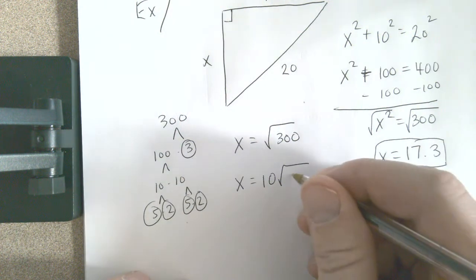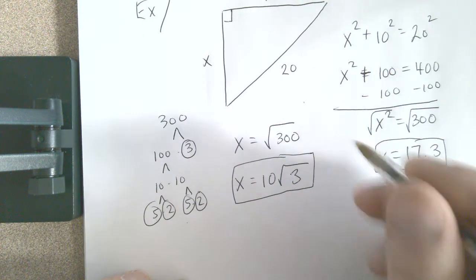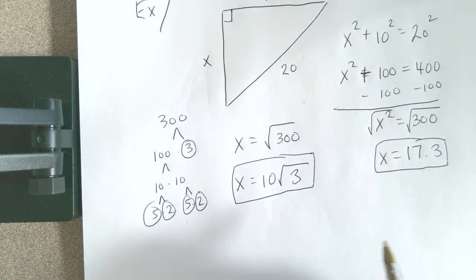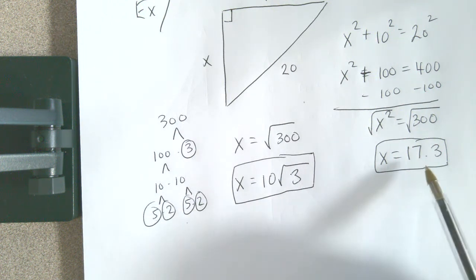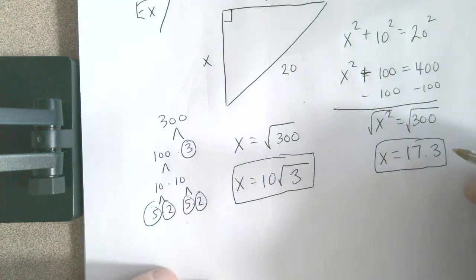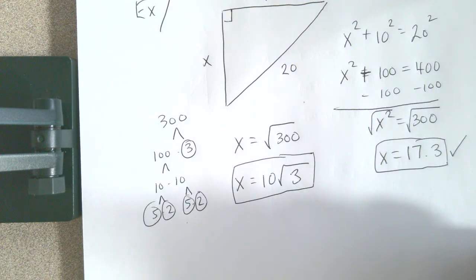So we would say the answer here is 10 radical 3. And that would be the simplified radical answer. That would be the exact answer as opposed to us rounding it, putting it into our calculator. And I will say most of the time we're just going to list it in this form, so you are going to be able to use your calculator as you're doing that.